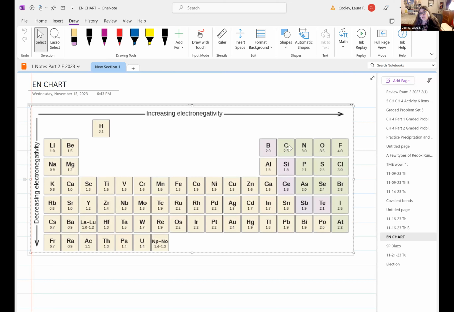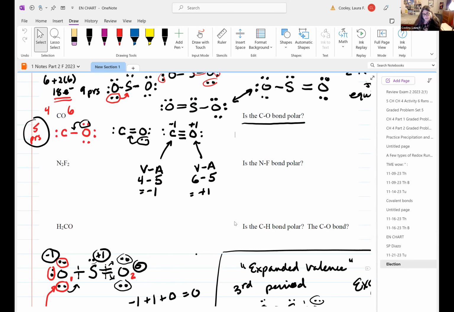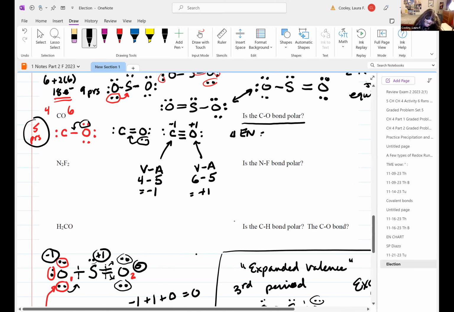So carbon is 2.5. O is 3.5, right? So the delta EN is 3.5 minus 2.5. It doesn't matter, you always subtract the smaller one from the larger one. And that's 1.0. Okay.